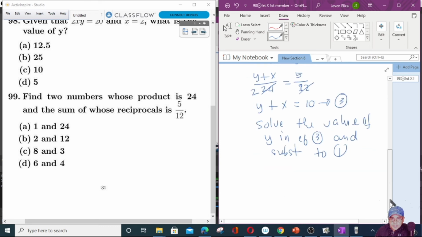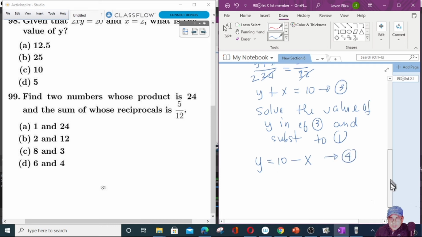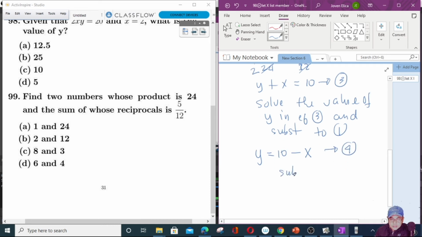So if we're going to solve for y, just transpose x: y equals 10 minus x. This will become equation number 4. Substitute equation 4 to equation number 1.